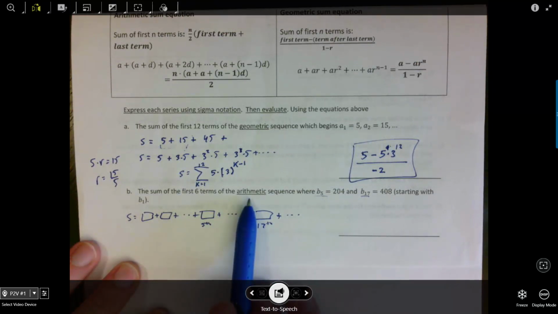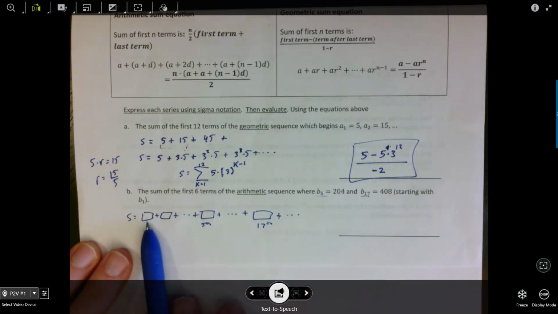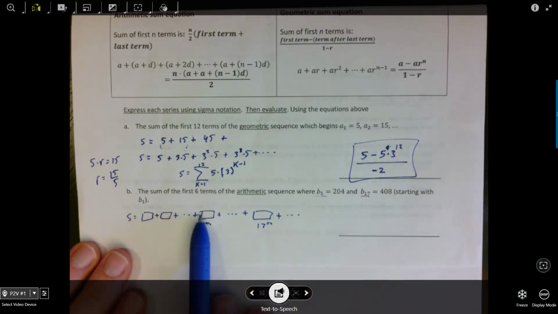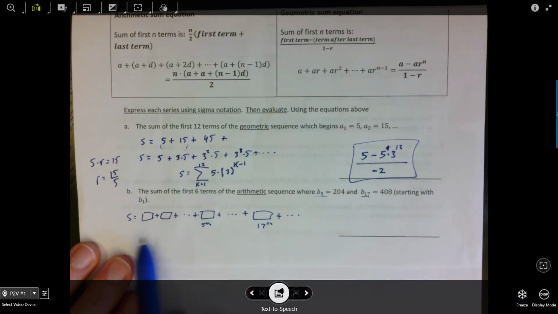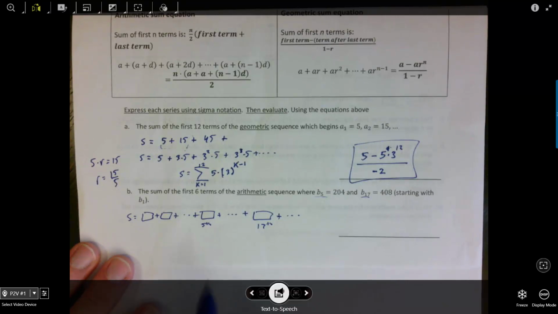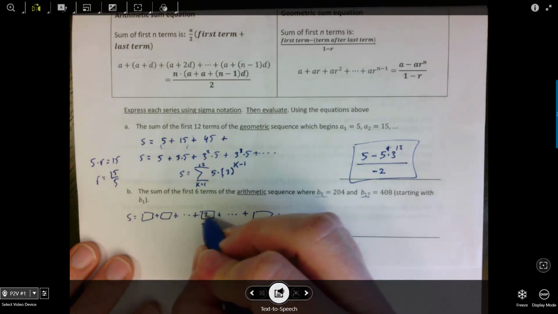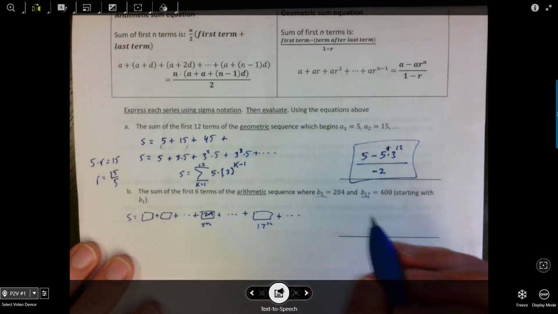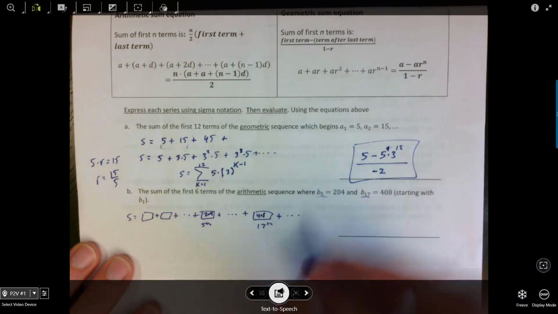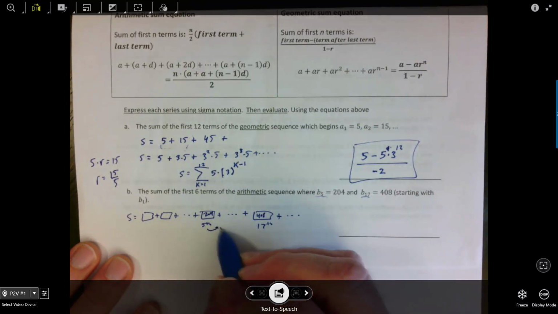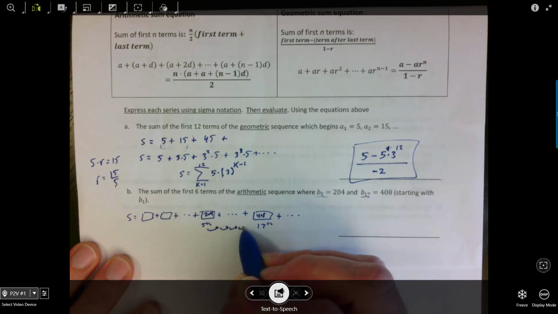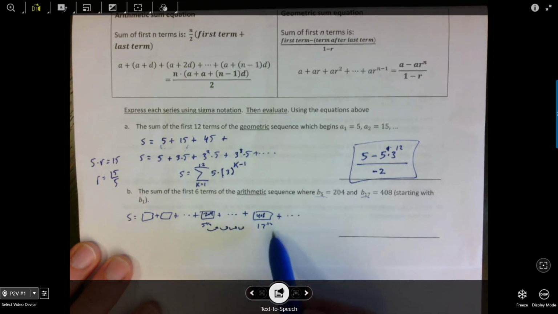An arithmetic sequence is a sequence where each successive term is a constant being added or subtracted from the previous term.